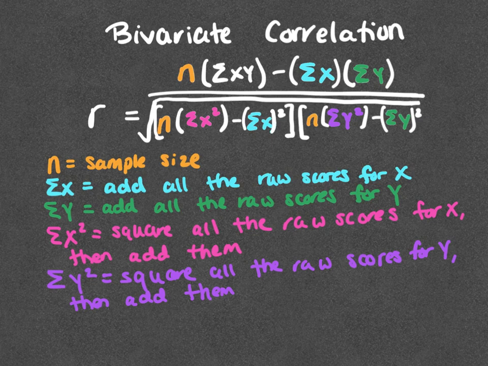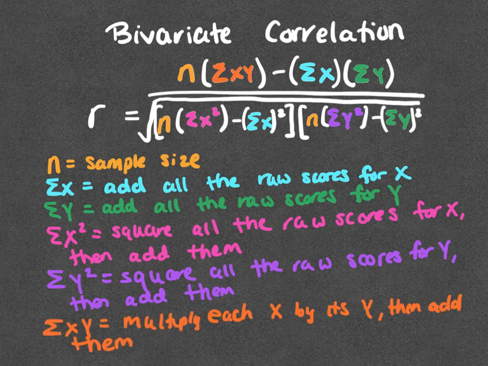Next up, we have the sum of y's which have been squared. Similar to the sum of x's which have been squared, this time we're going to square each y variable and then sum them up. And the last piece of our formula is the sum of x times y. Following order of operations, we would multiply each x score by its corresponding y score, and then we would add them.